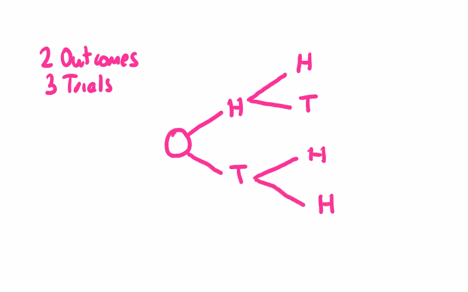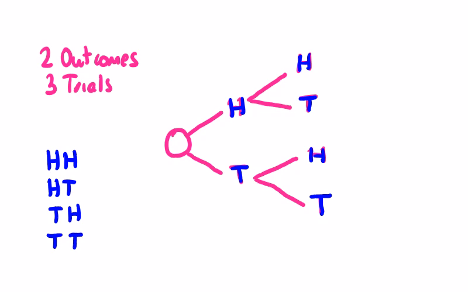Our outcomes so far: we take the top line as head, head. So if we list our outcomes for 2 trials, head, head, then we have head followed by tail. Then down this end we have tail, head. That should, as you're all seeing, read TT. Tail, tail.